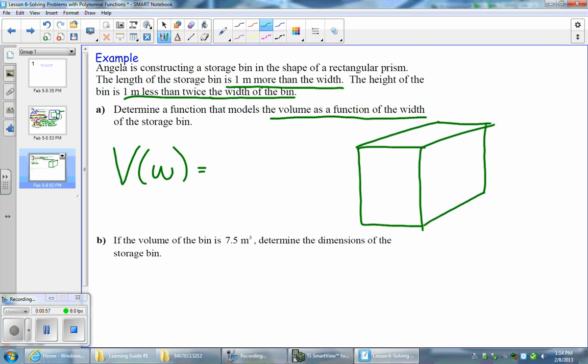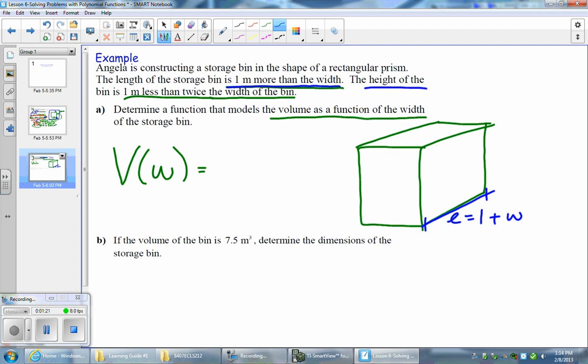And we have dimensions. So let's start with the length. It says in my question here that the length of the storage bin is 1 more than the width. So here is my length right here. Since it's 1 more than the width, I can use an expression 1 plus w to represent the length. Let's move on to the height.